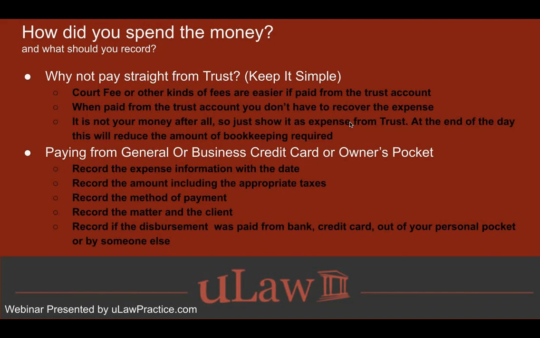At the end of the day, this will reduce the amount of bookkeeping required. Otherwise, imagine you having to spend it from your general, keep a receipt with you, and then determine what you're charging your client versus what you incurred. So there's a whole other role that comes into play when you're doing it from general versus if you're doing it from trust.